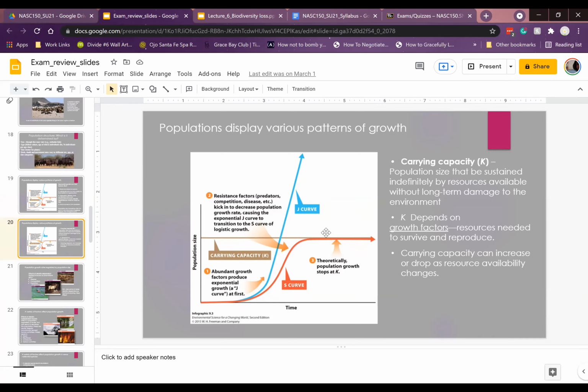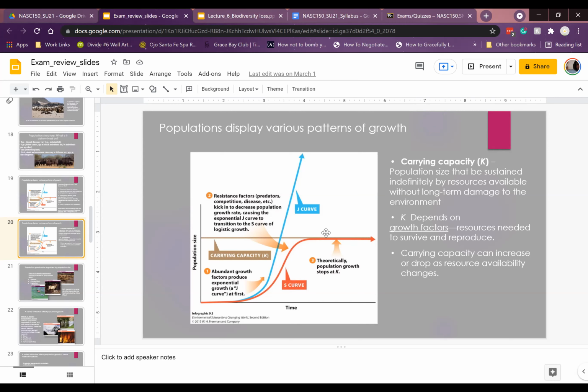It's hard to determine what K is, just as a note. That's why I call it ill-defined. But remember, K really does stand for the maximum number of individuals that a place can sustainably keep indefinitely. So if that number is 500 elephants, the carrying capacity of elephants would be 500, right? So it's kind of hard to determine, but there is an upper limit on how many individuals you can have in a set area.